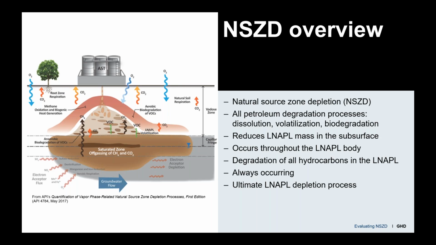It also includes volatilization of LNAPL constituents into the vadose zone and the direct biodegradation by microbial contact or enzymatic activity. So all of those processes make up this NSZD process.